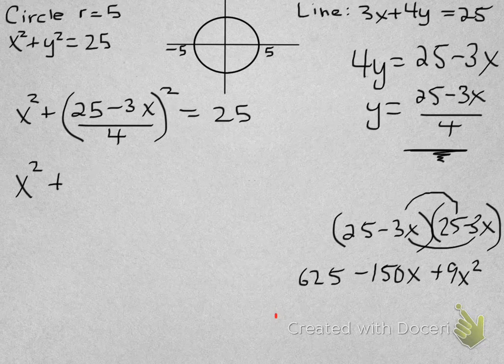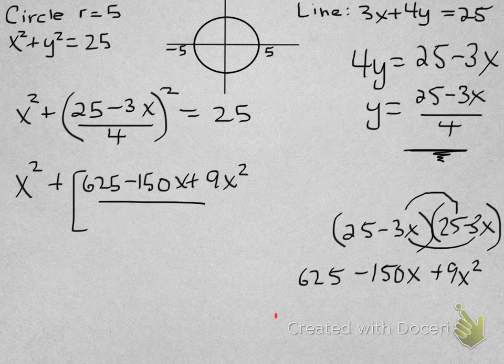That's in the numerator after this expansion, so I'm just going to copy that down here. And I can't forget to square the bottom, and that's all going to be equal to 25.